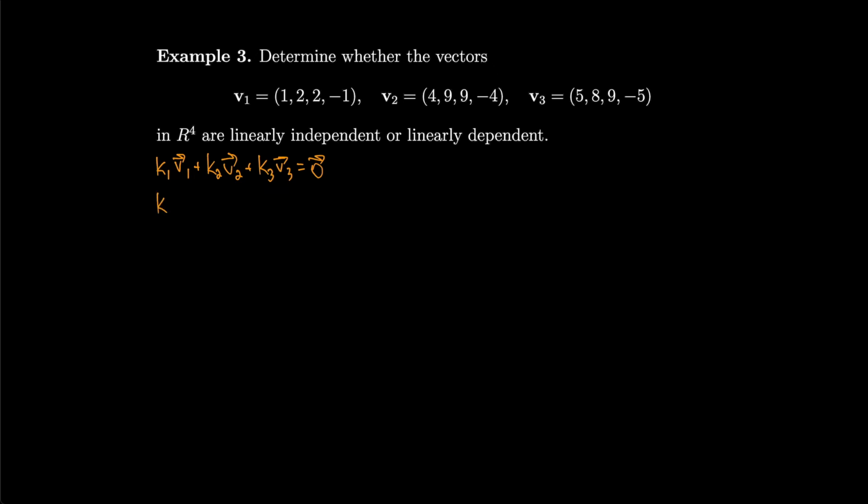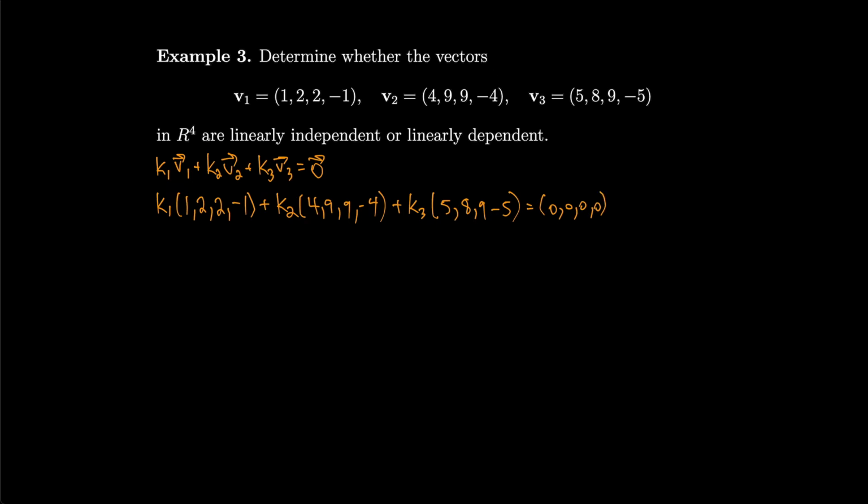So that's k1 times 1, 2, 2, minus 1 plus k2 times 4, 9, 9, minus 4 plus k3 times 5, 8, 9, minus 5. And that has to equal 0, 0, 0, 0 because we're in R4.